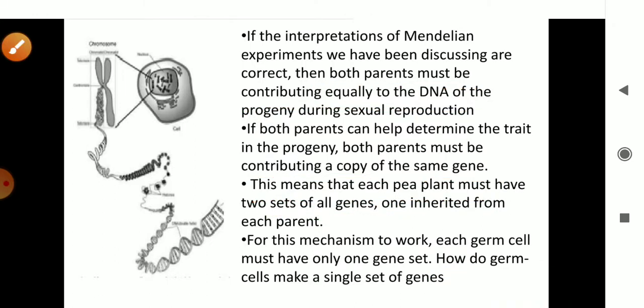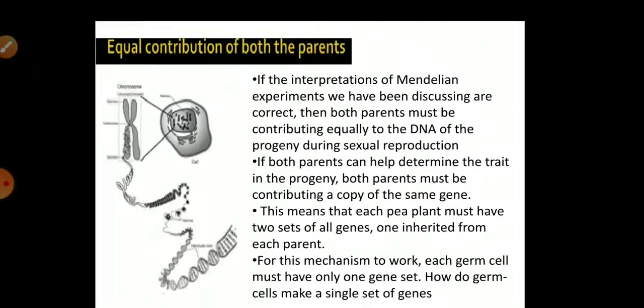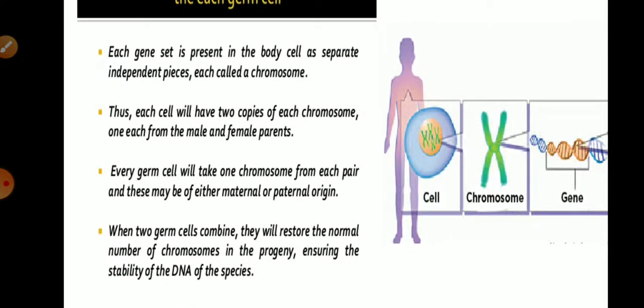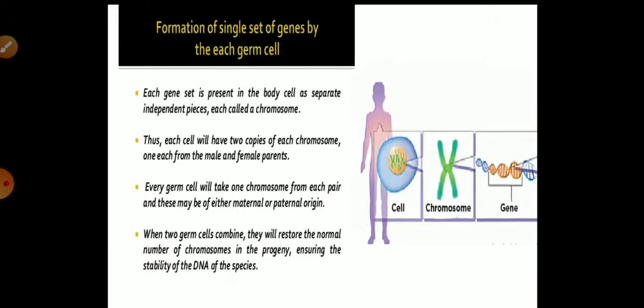Like in our case also, for each and every trait we have two sets of a gene. One may be expressed and the other may remain unexpressed. It all depends upon whether the genes that we have inherited from our parents are dominant or recessive. So that's about the topic, that is dihybrid cross and how genes control expression of traits.